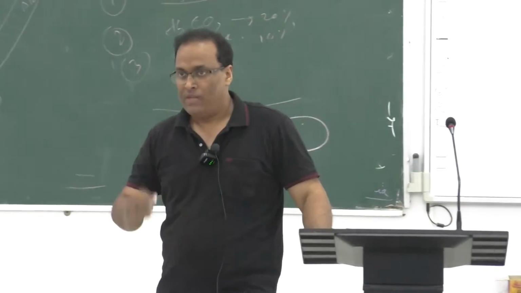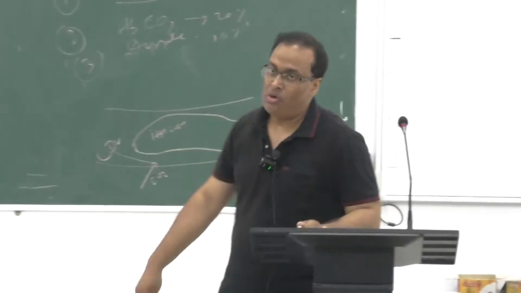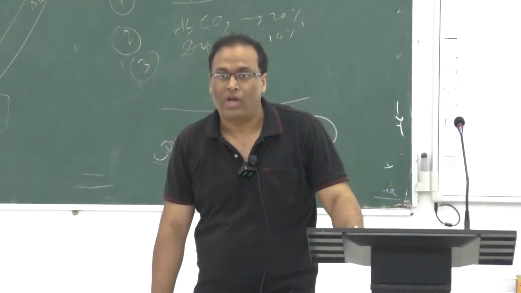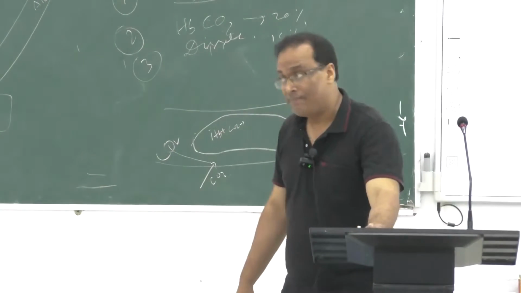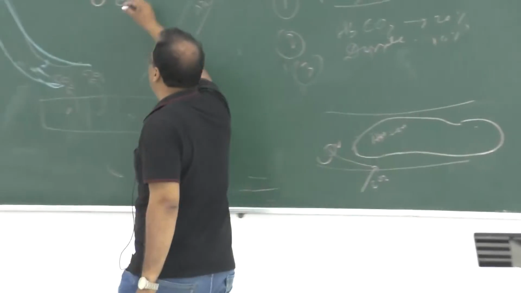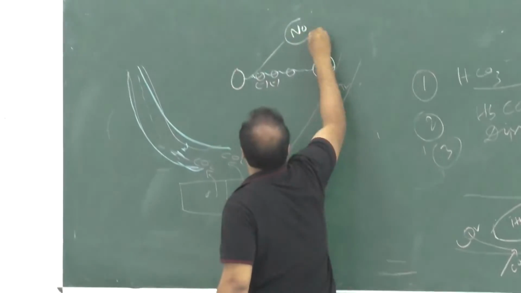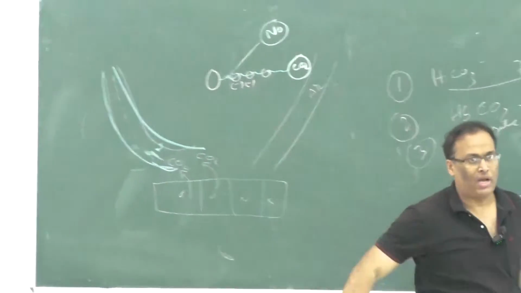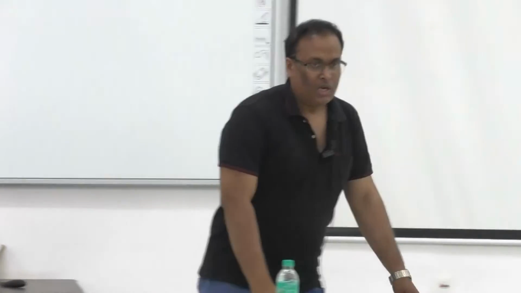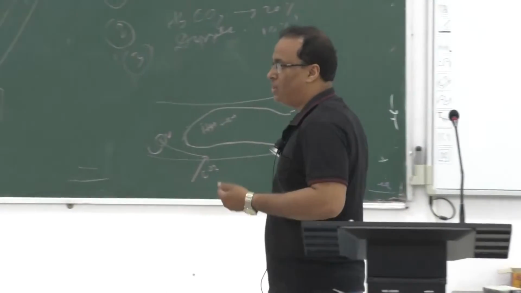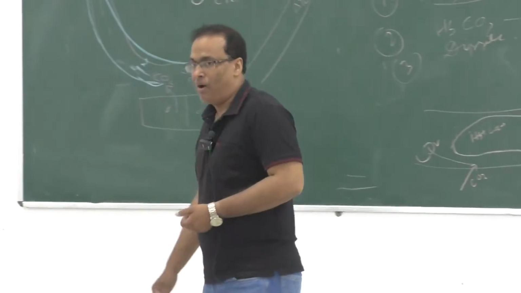Number 4, it can also bind nitric oxide to release at the vascular level for vasodilatation. Remember this, nitric oxide can also be bound with hemoglobin. Nitric oxide is a vasodilator. So four functions are very important for hemoglobin: one is oxygen transport, 2 is carbon dioxide transport, third is acts as a buffer.